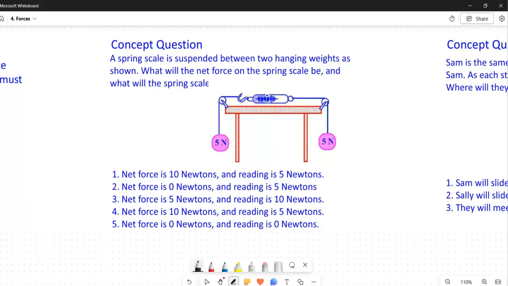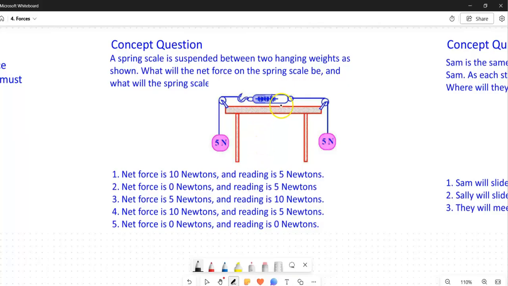The question is, if this is exerting a 5 Newton force to the right, and this is exerting a 5 Newton force to the left, what will the spring scale be reading? Will it be reading 5 newtons, or 10 newtons, or 0 newtons? Think about it and pause the video.